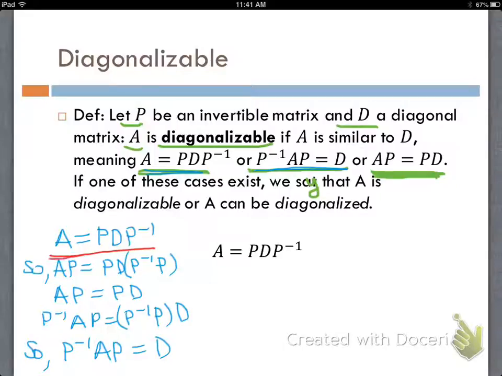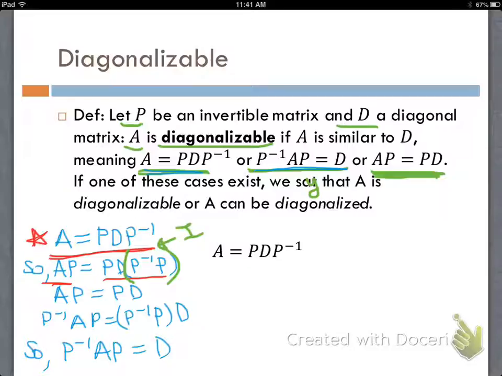So by taking this, the first thing we do is multiply both sides on the right by P. And that's what I did here. So I just took P and multiplied it on both sides, on the right of that equation. And that gave us AP, which is equal to P times D times, and I put this in parentheses, P inverse times P. Well, we know right here, this is the identity matrix.